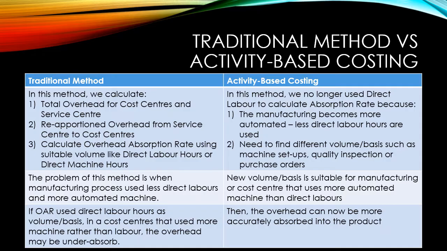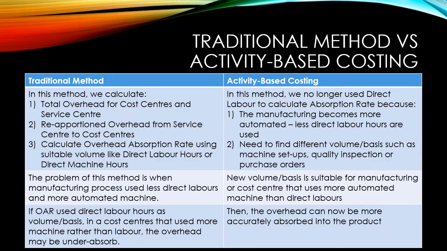Okay, the problem with this method is that when the company absorbs the overhead using the labor hour, total labor hour, the absorption of the overhead may not be accurate because the modern manufacturing process uses less direct labor and more automated machines.